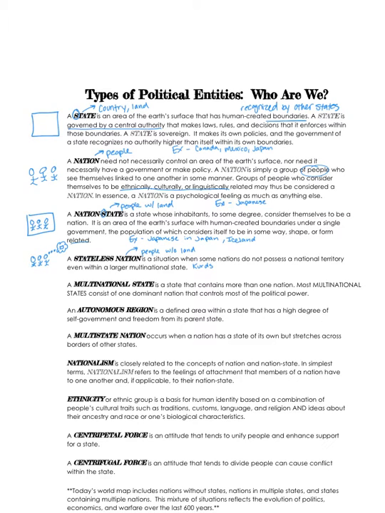Okay? The next term we need to talk about is a multinational state, okay? So we know what nation is, and we know what state is, but multi means what? It means many, right? So we're talking about many nations in a land, right? In a country, okay?